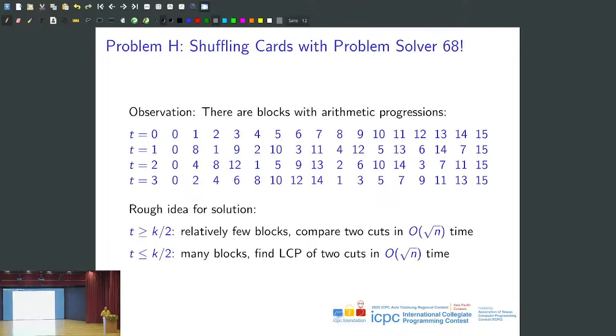So if you look at an example, now we have here 7. These are just the indexes. At the beginning, you see before shuffle, and 1 shuffle, 2 shuffles, 3 shuffles, and you see what happens.